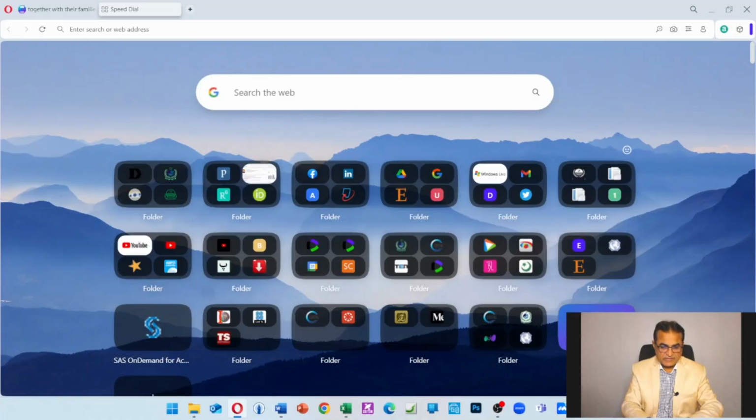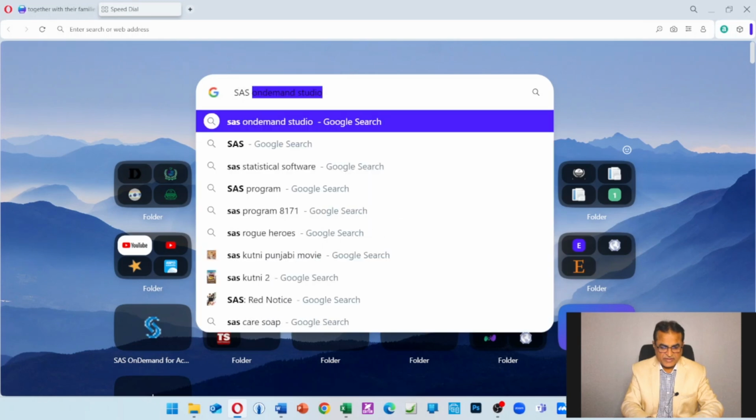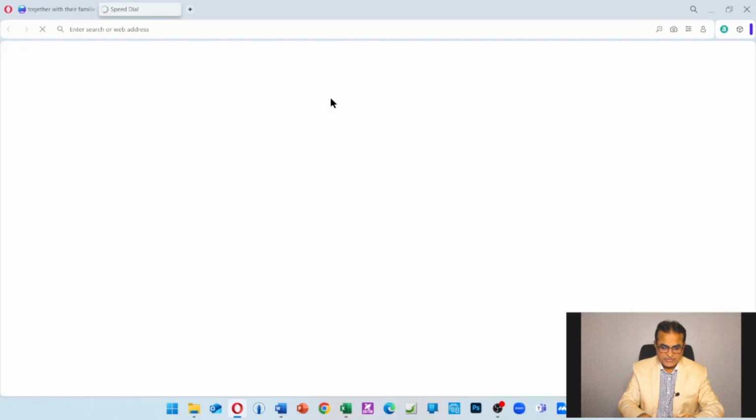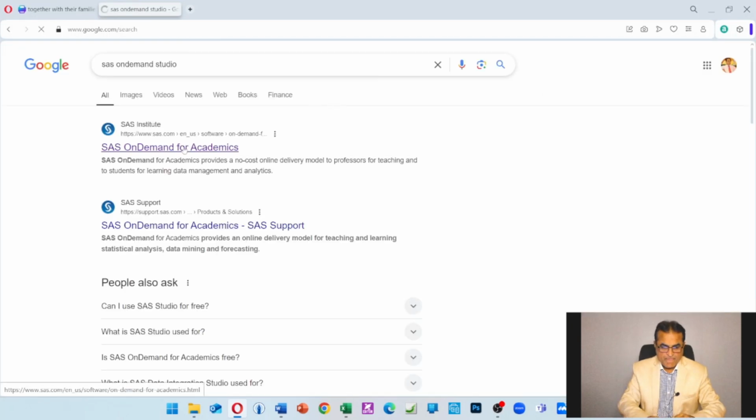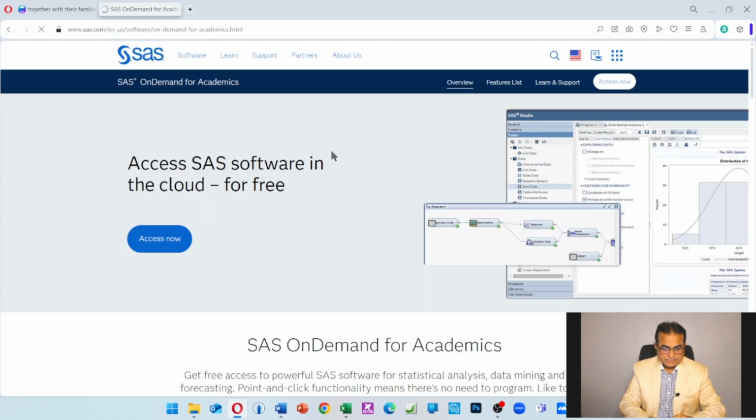Let's start our frequency analysis by using SAS software. So we need to enter into SAS On Demand Studio. SAS now.